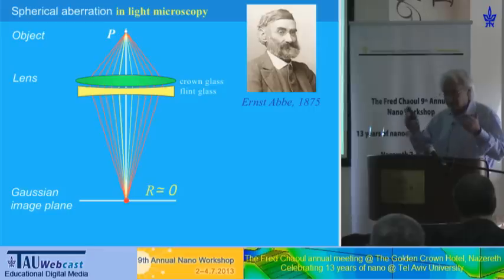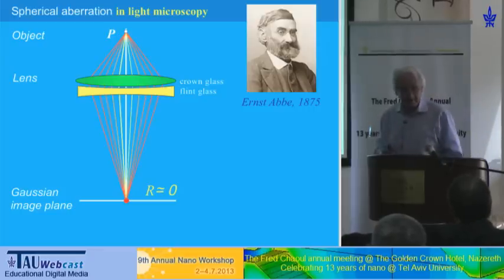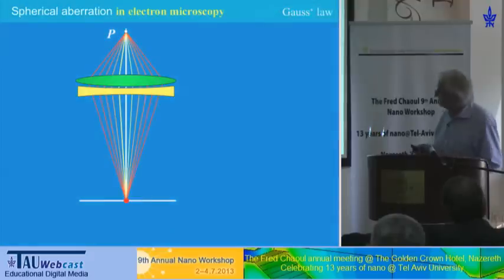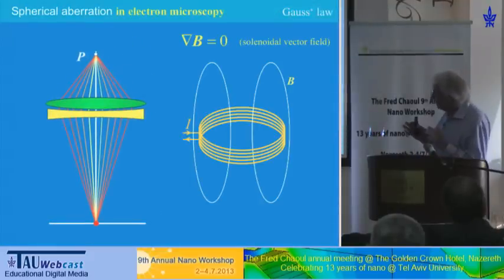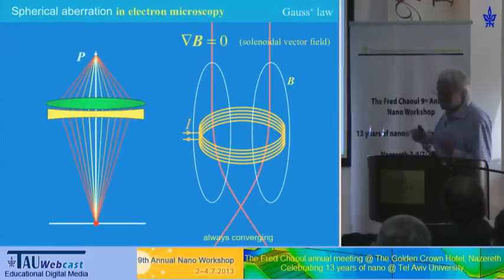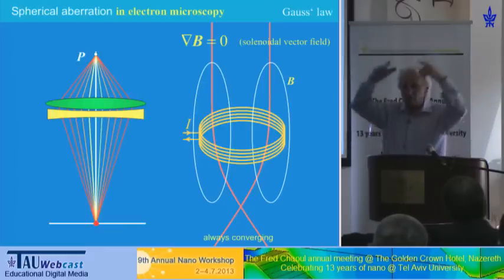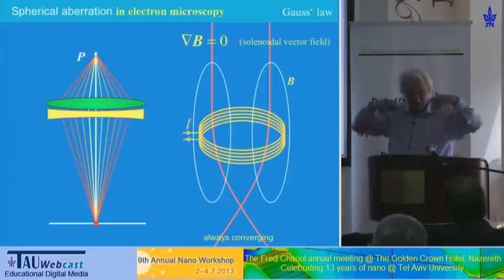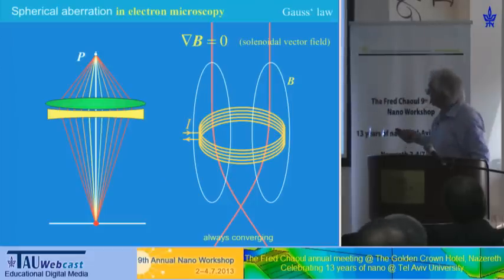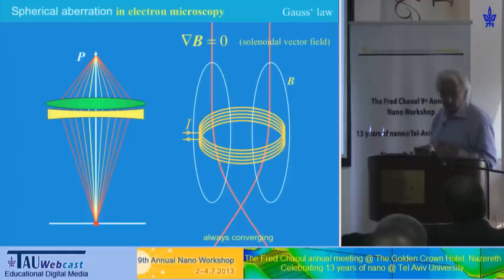Unfortunately, this technique cannot be used easily or directly in electron optics. The reason is that magnetic fields have to obey Gauss' law, which means nothing else than that the magnetic field lines have to be closed. And with field lines which are closed, you can only construct converging lenses.